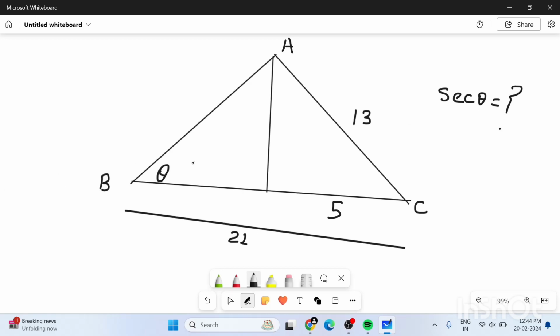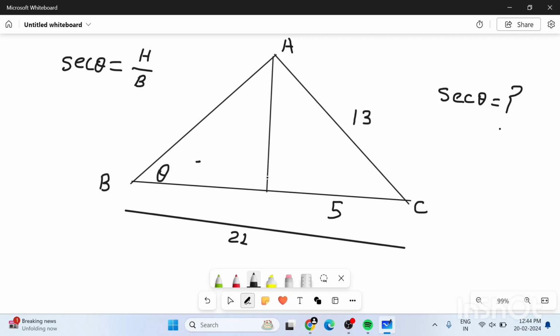To find the value of sec theta, we know sec theta is hypotenuse upon base, or you can say the reciprocal of cos theta.